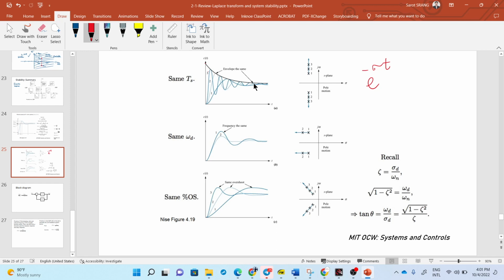Terminology means people in the control society just consider 10% because a second order response goes very slowly at first, and then it starts to rise very fast before it converges, right? So the rising at the highest speed is in between 10% to 90%. So it's just terminology, right?